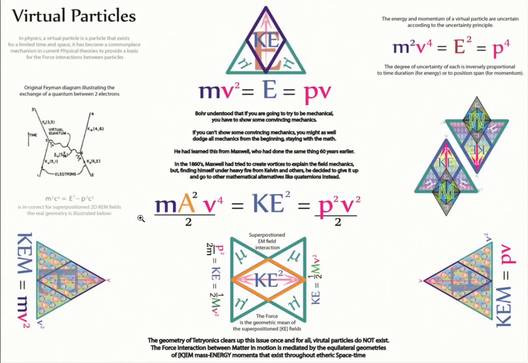Looking closely at these fields of force, we can now show, as we do down the bottom, the chem field, which is mv squared. It's the energy of the chem field, made up of positive and negative, divergent, convergent energy momenta. The square of this creates our linear momentum in the system.